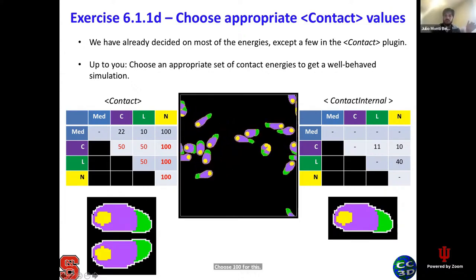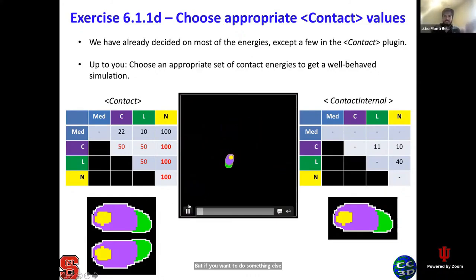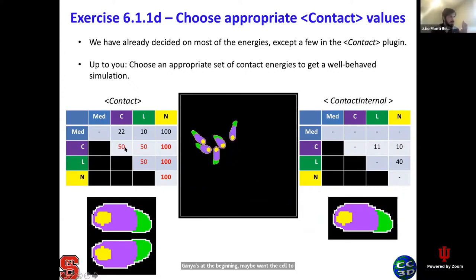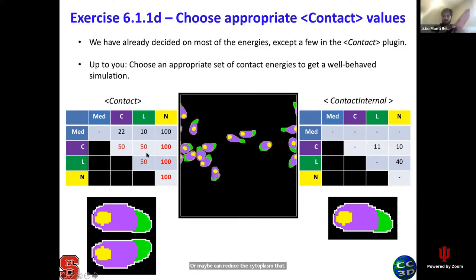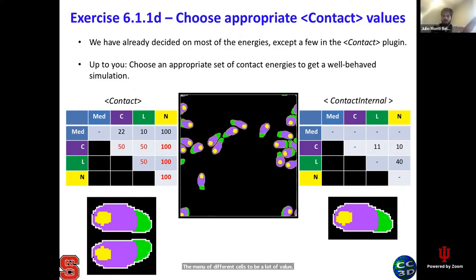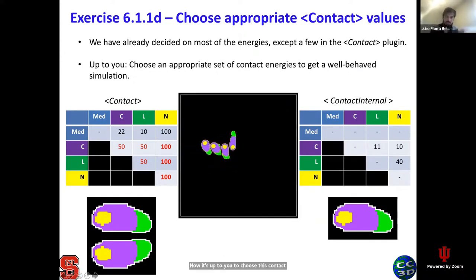But if you want to do something else, like Abhishek was telling us at the beginning, maybe you want the cells to couple with one another, so you can reduce this to a lower value, or reduce the contact between the cytoplasm and lamella of different cells to a lower value, so they will attempt to follow each other. So now it's up to you to choose those contact energies and get the behavior that you want for your system.